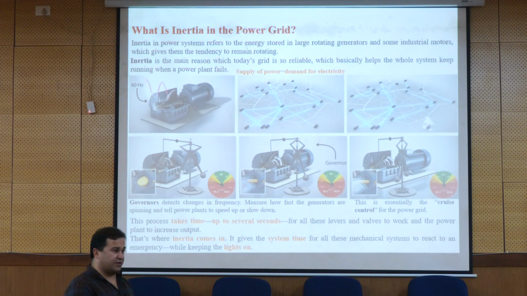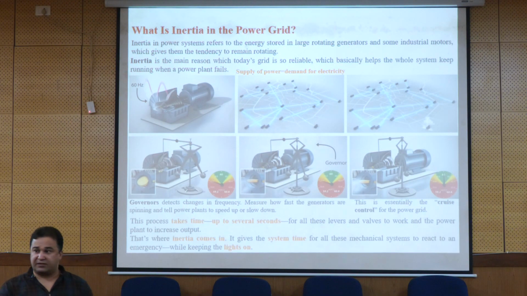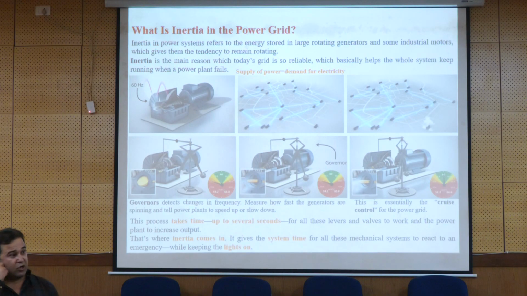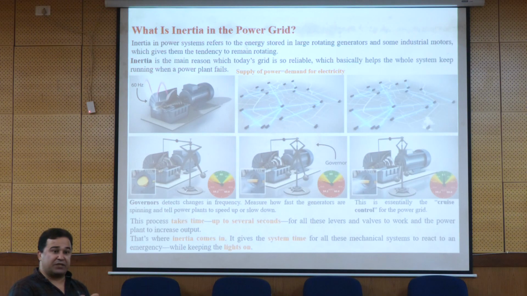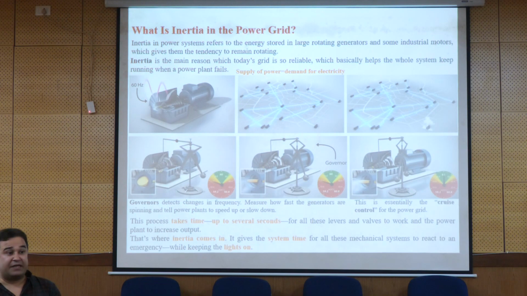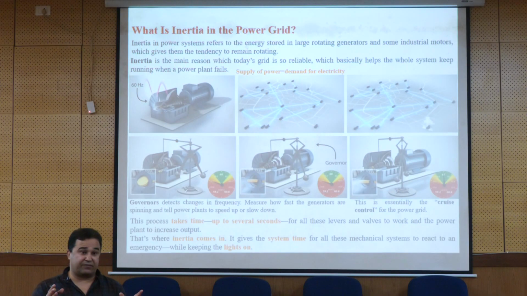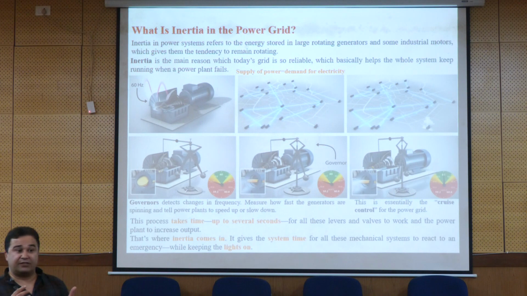So it takes several seconds, and so what happens? I have a problem, but I can survive. It means that something keeps my system reliable and stable, even when the problem happens in this network. And this is the duty of inertia.